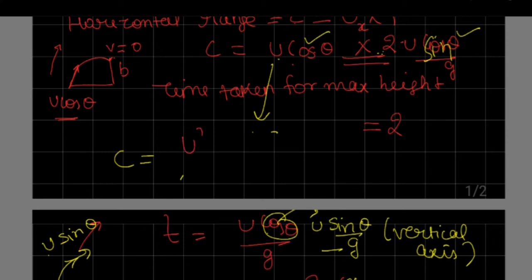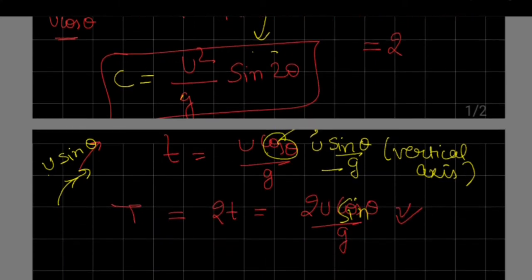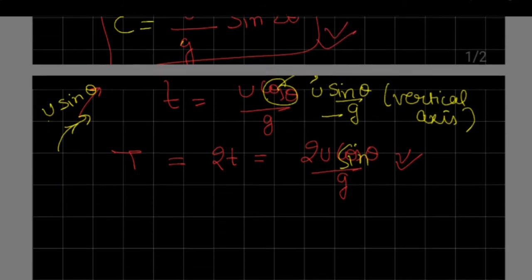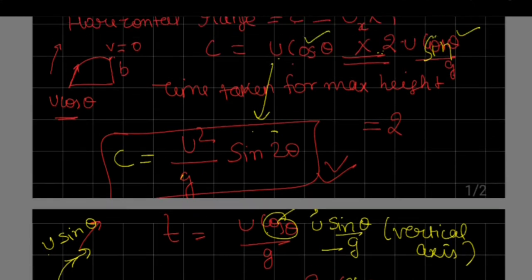So it becomes u square by g into sin 2 theta. Alright, this is your horizontal range. Now moving on, you have to remember this.